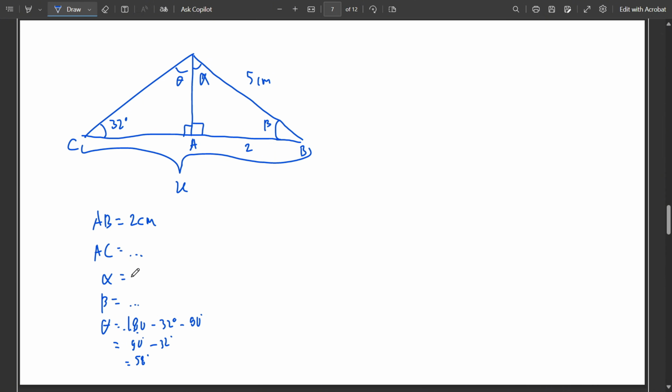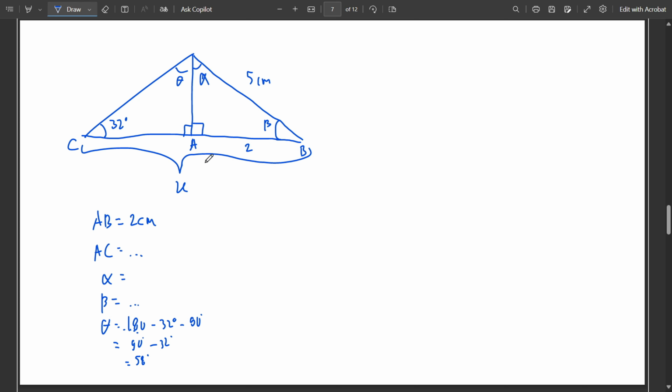What's our beta, alpha and AC? We can find our beta here. We just need to know what trig ratio uses the hypotenuse and our adjacent here. Well, it is just cosine.